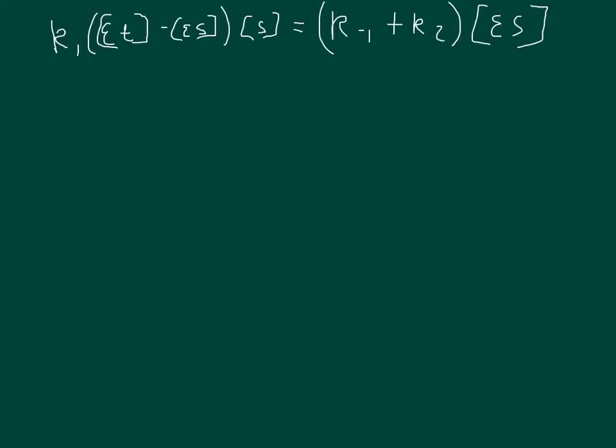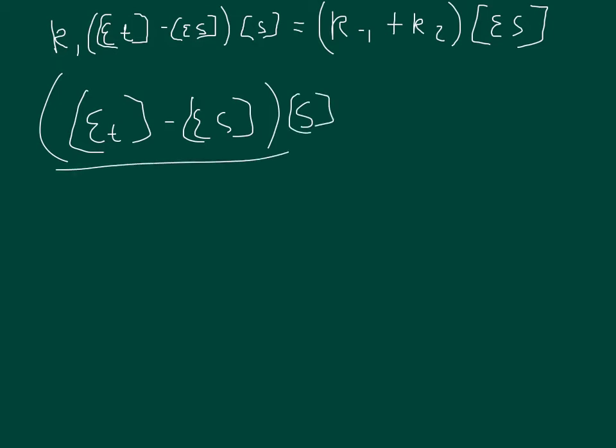So the next thing I'm going to do is divide this equation by k1 to bring it over here, and divide by the enzyme-substrate complex to bring it over here, and we get another equation: total enzyme minus enzyme-substrate complex, times the substrate, divided by enzyme-substrate complex, is equal to k-1 plus k2 over k1.